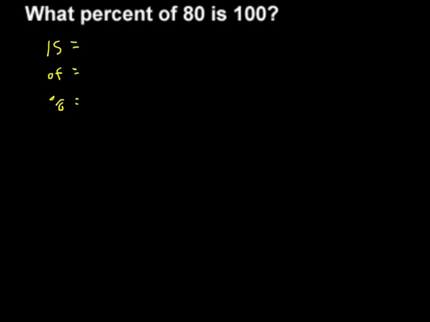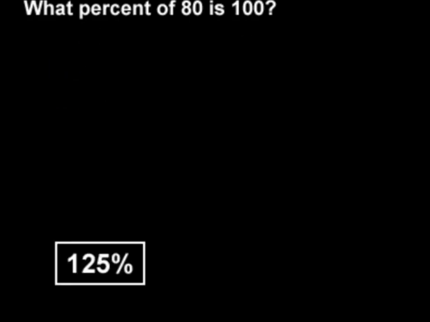The thing that's a little weird about this is that the is can be bigger. It's not always. So we're going to set this up 100 over 80 equals x over 100. So you're going to solve this. This is an x here. So here's your answer.